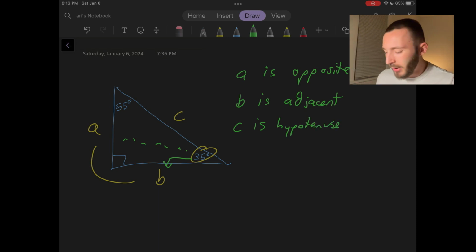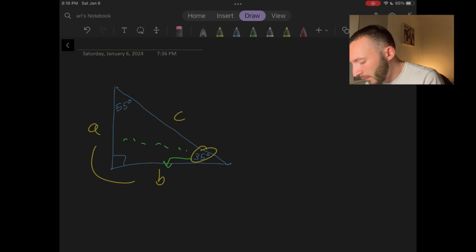So trigonometry comes with this cool acronym that probably a lot of you have heard called SohCahToa. I'm going to write this one out for you, and I'm going to explain how this applies to our 35-degree angle.